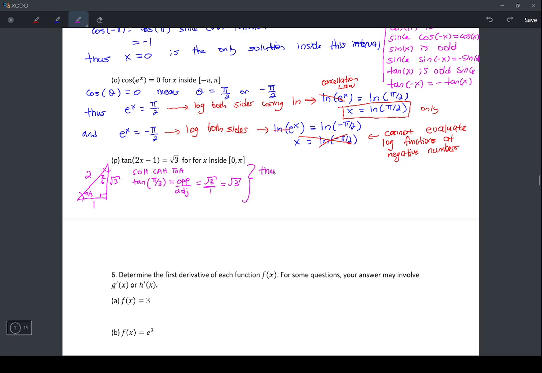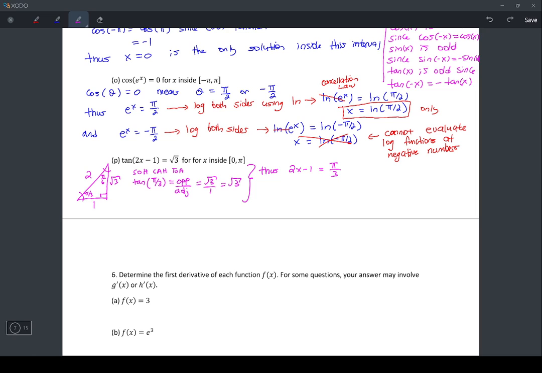Thus, 2x minus 1 equals root 3. The argument inside that tan function is our theta. It's our angle. So our angle must be equal to, oh, what am I saying? Not root 3, pi over 3. Sorry about that. It was pi over 3. Thing that we had to plug into tan to get root 3.